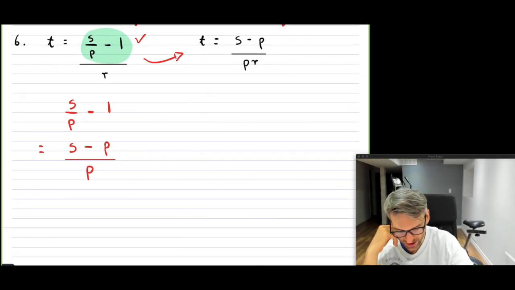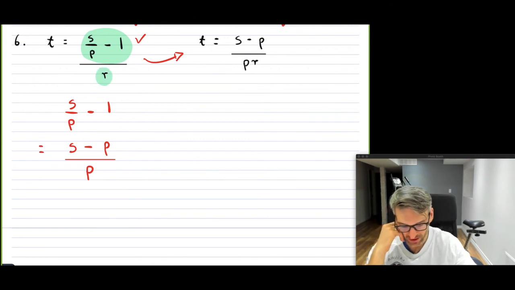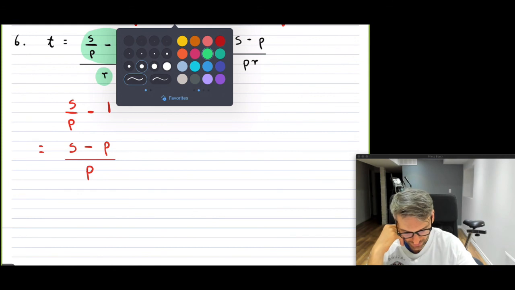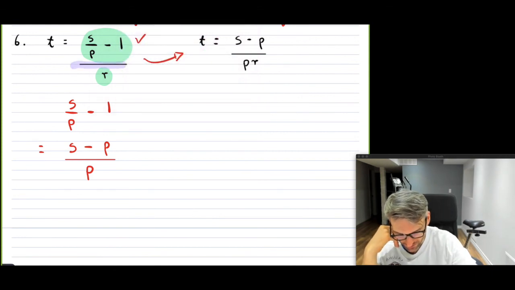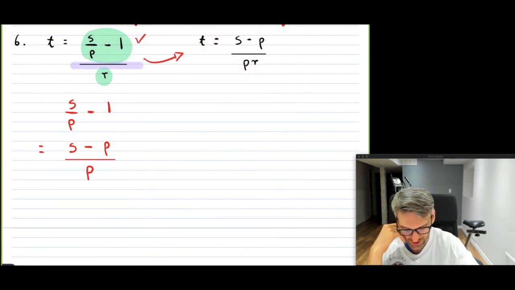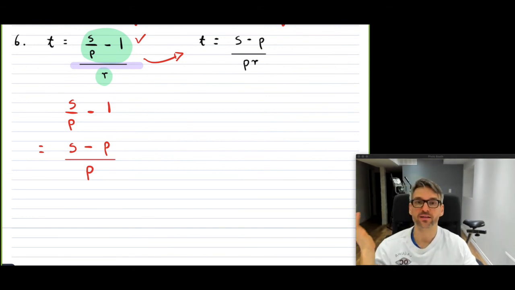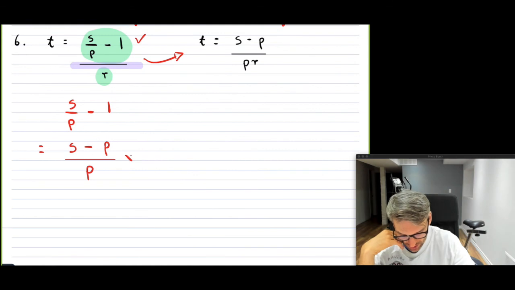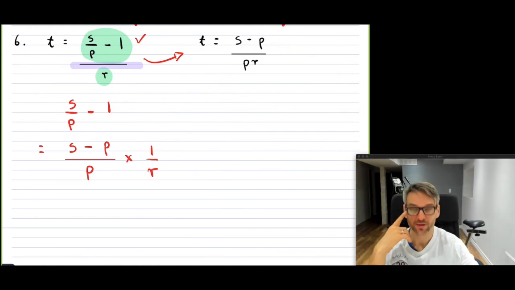Now my denominator in here is R, but notice there is a division there. So I am dividing here. From fractions, you remember that division of fractions is multiplication by the reciprocal. So here is the reciprocal.